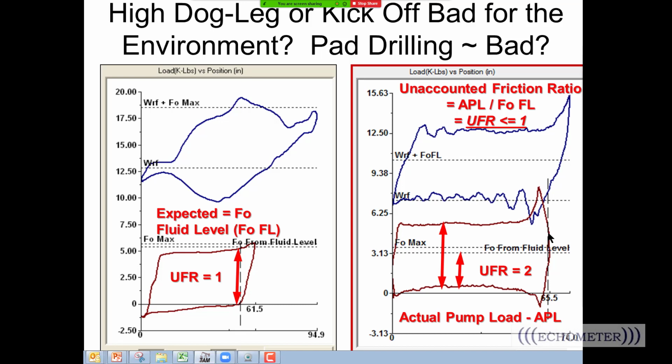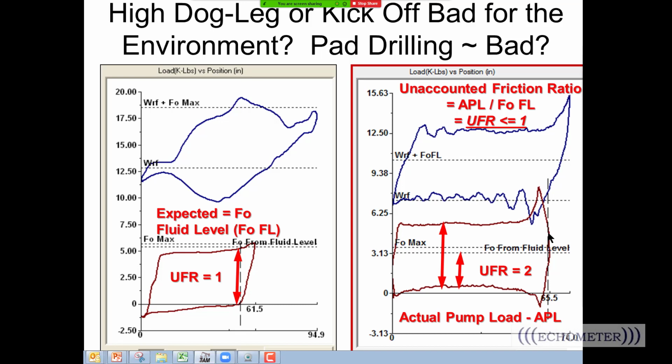The wave equations developed for deviated wells assume a drag coefficient based on the perpendicular, or normal, force acting between the rods and the tubing. That's a continuous force all along the entire rod, based on the angle and the weight of the rod down to that point.